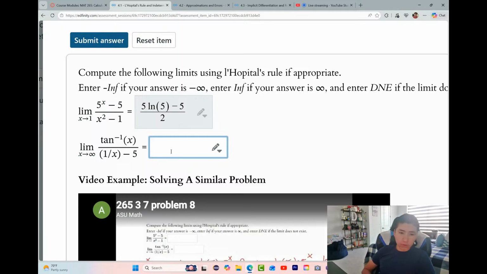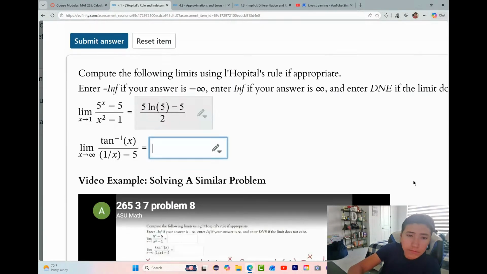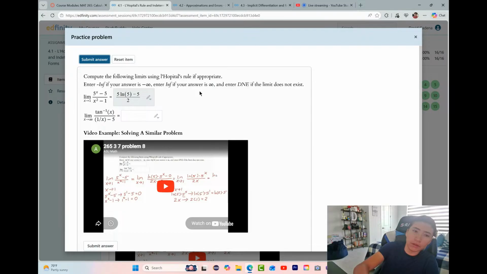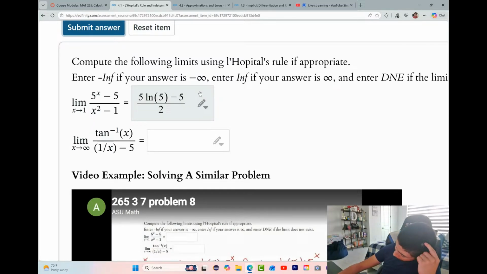Wait, what do you do with a tangent inverse of x? Yeah, that's our arctangent.